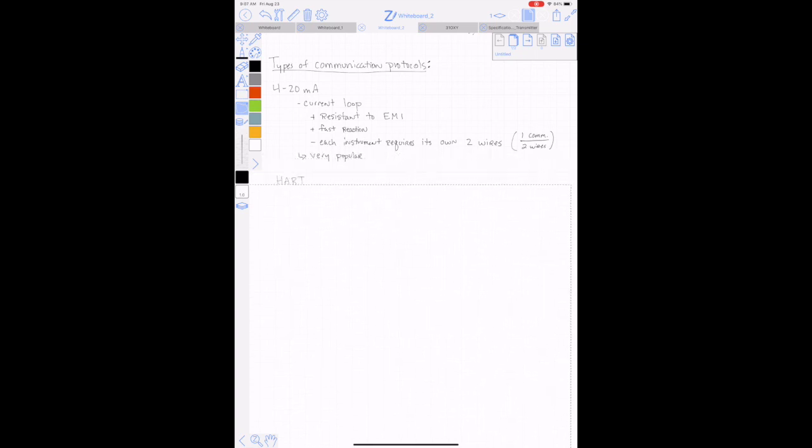Next we have the HART protocol. This runs on the infrastructure of the 4 to 20 milliamp loop, or the current loop. You can see here, when we look at current over time, the black curve is the 4 to 20 milliamp signal. On top of the black curve, we have an FSK, or frequency shift keying.